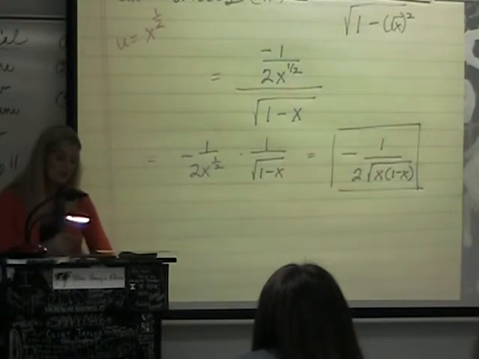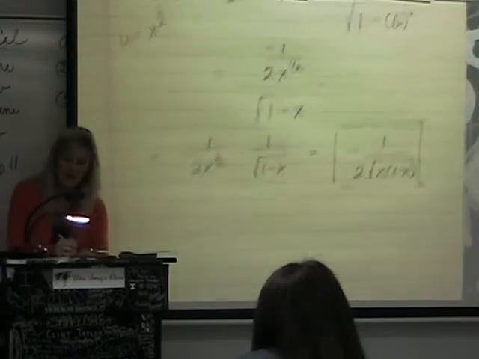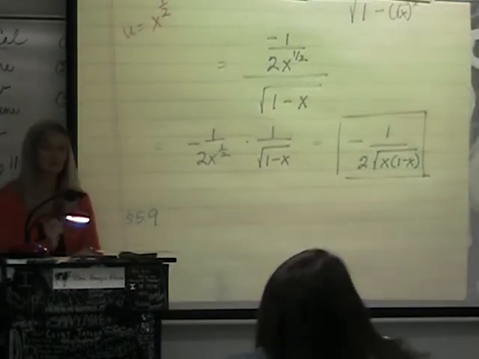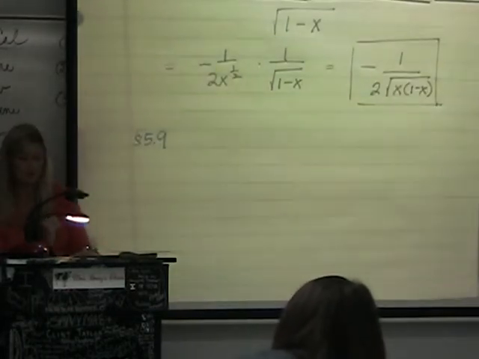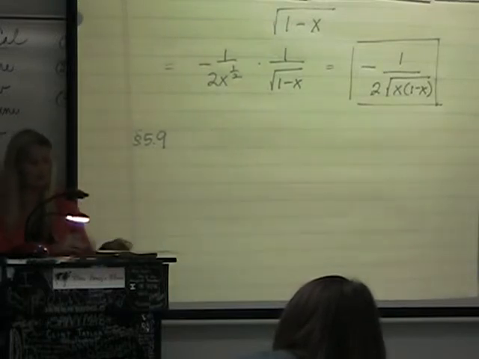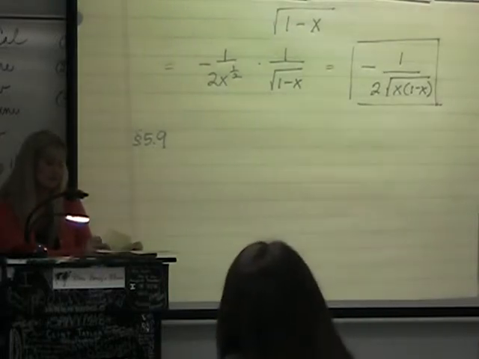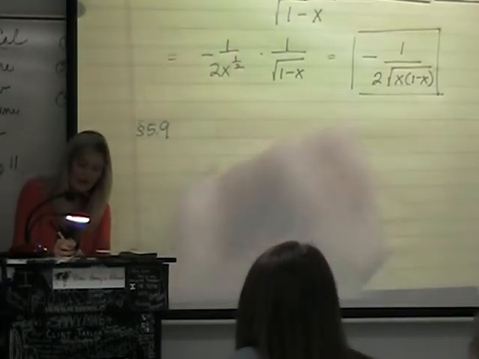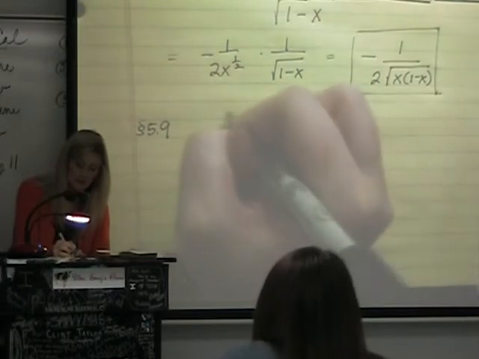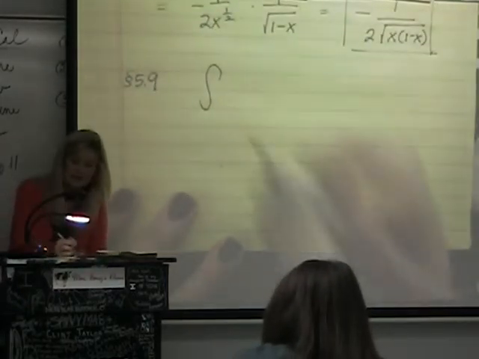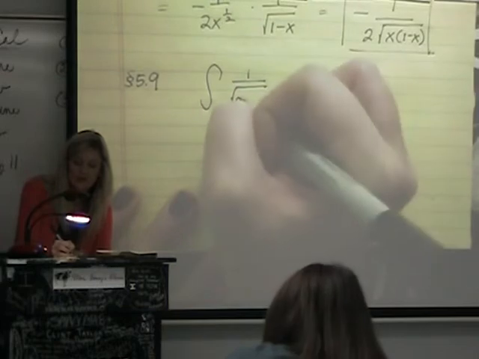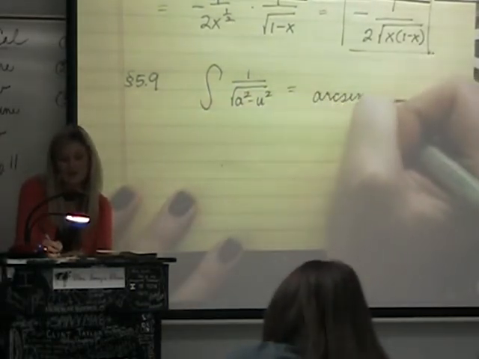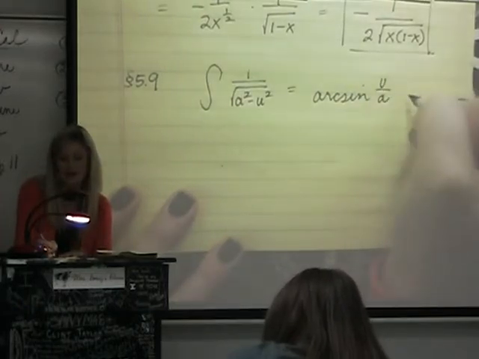So now let's move on to 5.9, which is taking the antiderivative involving inverse trig functions. So it's still inverse trig functions, but we're dealing with antiderivatives. And so we're going to have 3 formulas. The first formula is 1 over the square root of a squared minus u squared, which gives me arc sine of u over a plus c.